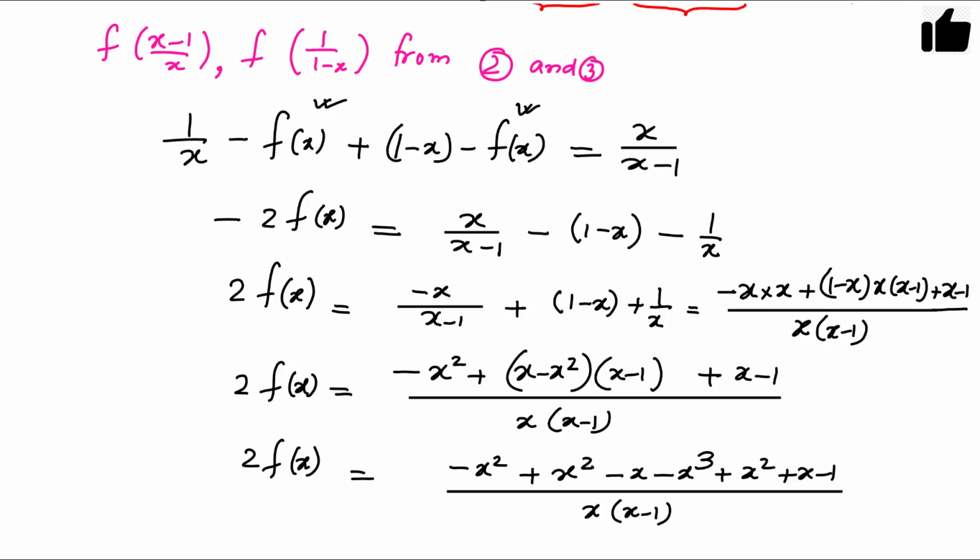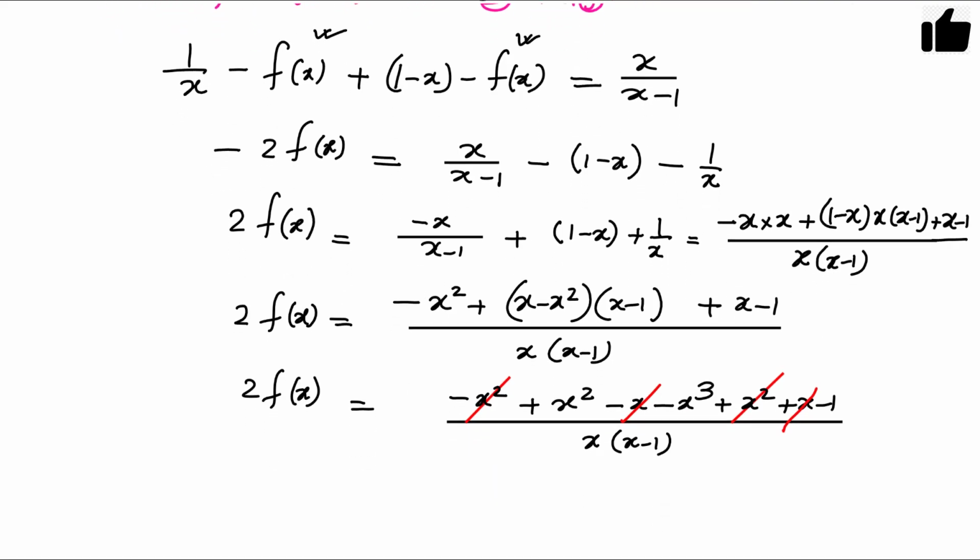So some of the terms will cancel out. So you will have x square, minus x square, x, and here also you have minus x. So finally fx is equal to half, because you have to divide by 2 on both sides, then 2 will be eliminated. You will have x square minus x cube minus 1 divided by x into x minus 1.